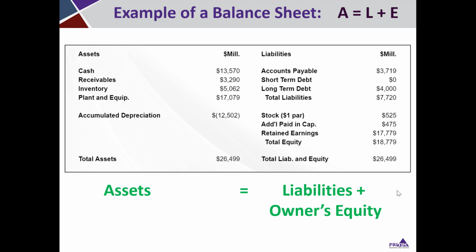And assets are balanced by, and they have to be equal to, liabilities plus equity. So if we go over to liabilities, accounts payable are bills that the company has to pay generally within a year. Short-term debt is also debt that's due within a year. So those would be called current liabilities. Long-term debt is a long-term liability, and if you add that together with your current liabilities, you've got total liabilities.